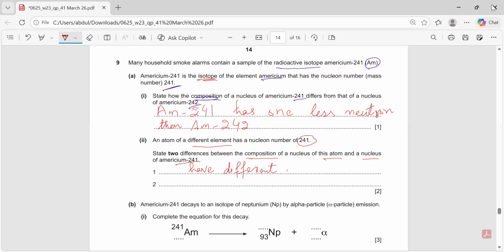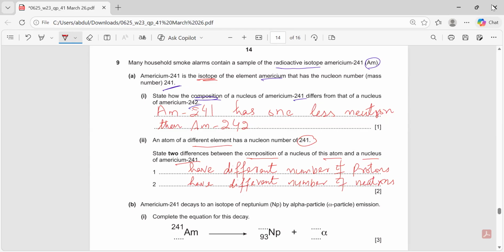They have a different number of protons and they have a different number of neutrons.